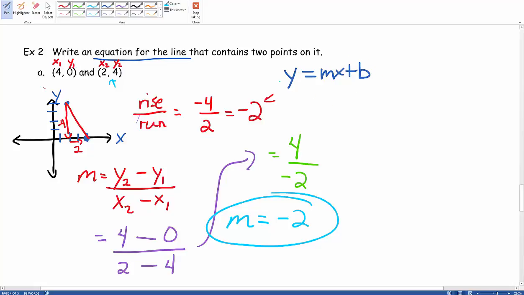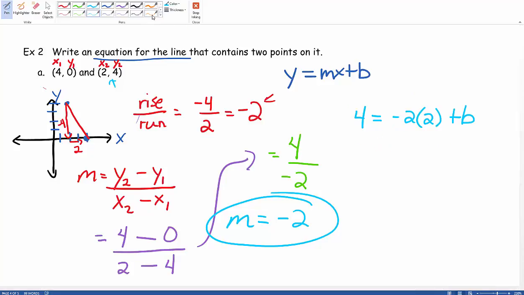So our y value comes out to be 4 equals our m, -2, times our x, here he is 2, and then plus our b. Unfortunately, we don't know what b is yet.